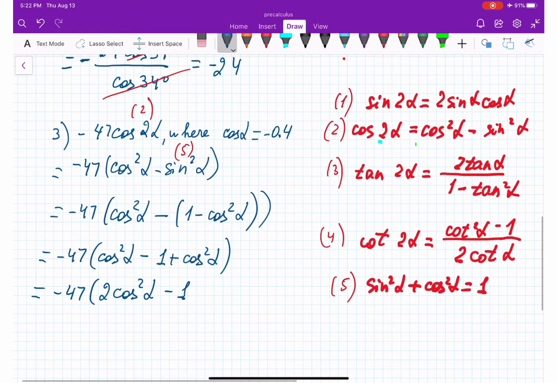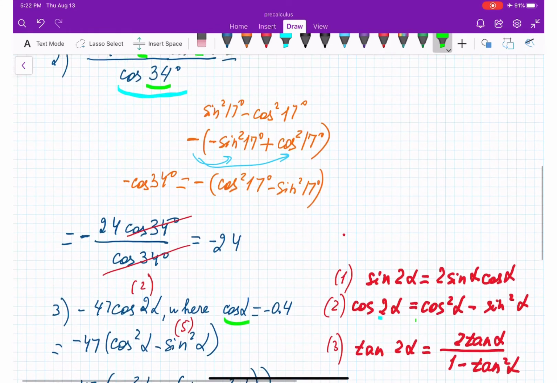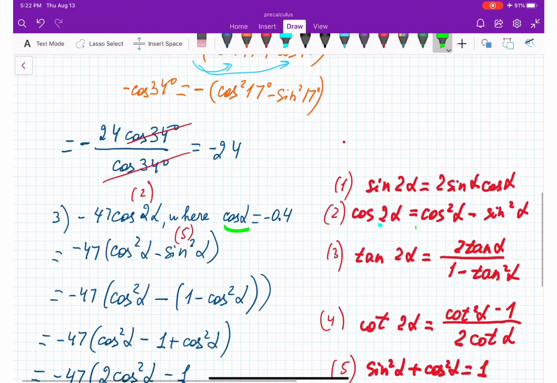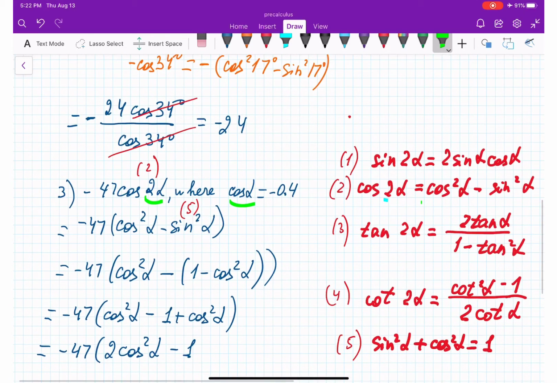Okay, so what did we do? Since we are given cosine alpha, then what we have to do is convert this cosine 2 alpha into alpha. And we did that using formula 2 and using formula 5. Okay? And we got 2 cosine squared alpha minus 1.